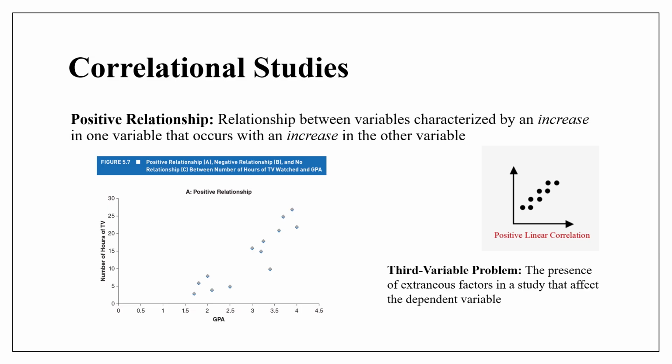Again, when it comes to the scatter plot, you're going to read this very similar to the other one. On the x-axis, you have your GPA. On the y-axis, you have the number of hours of TV, and then you see the dots. One of the things that I want you to notice, make sure you go back to the previous slide. You'll see that in the previous slide, those dots were a little bit more spread out.